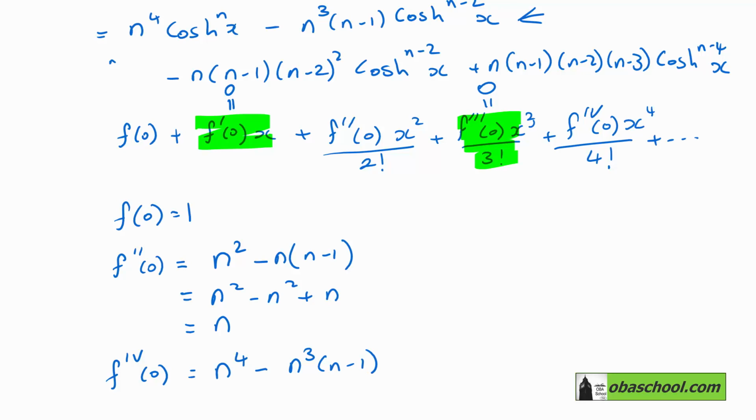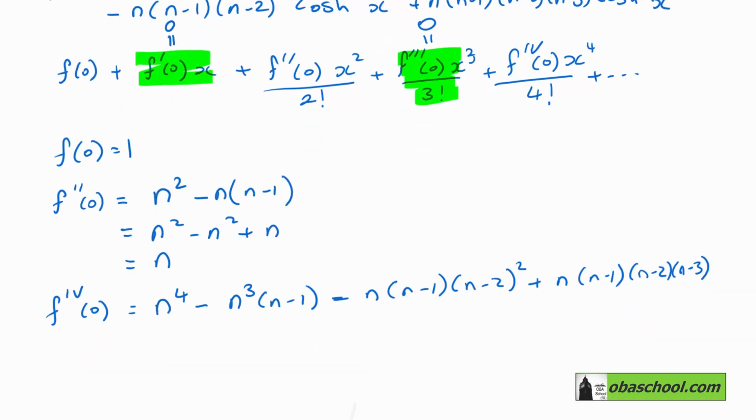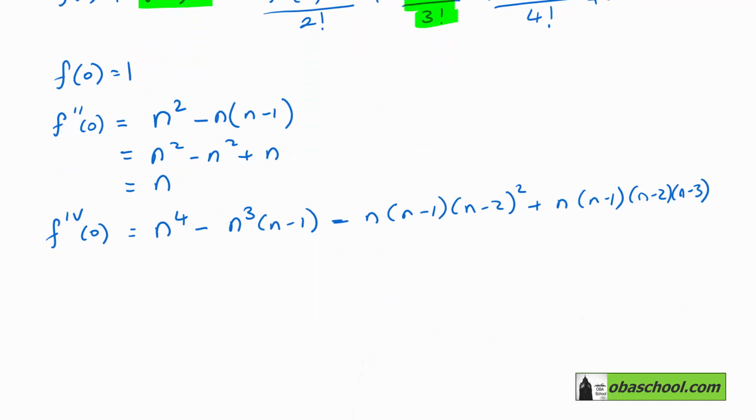Remember, all the coshs are going to be 1. Then it's going to be a take away n minus 1, n minus 2 squared. And finally, a plus n minus 1, n minus 2, n minus 3. Okay, so a bit of algebra to do here.